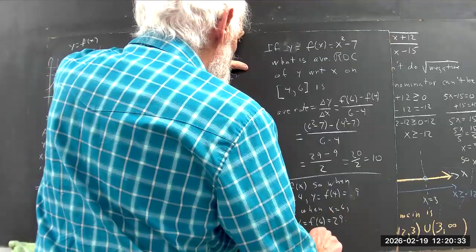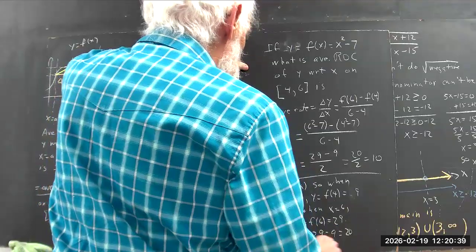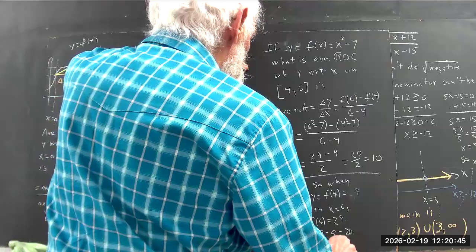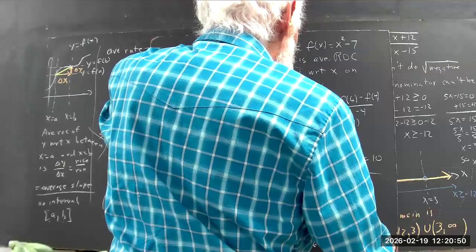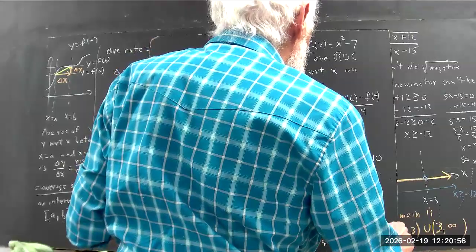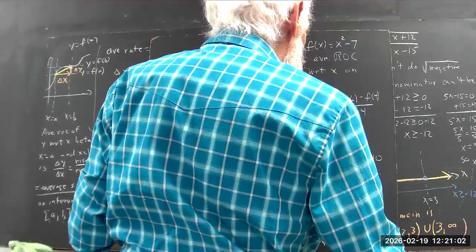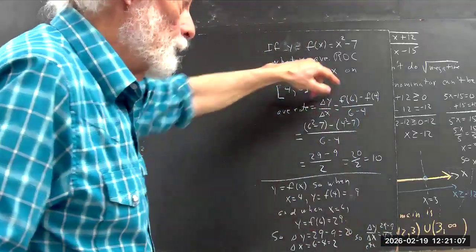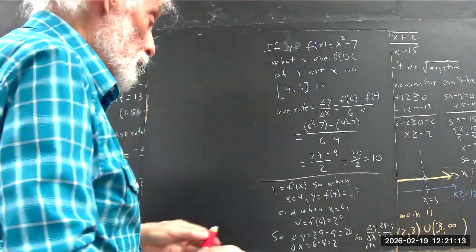So delta y, change in y, is 29 minus 9 equals 20. Delta x equals 6 minus 4, which is 2. So delta y over delta x equals 29 minus 9 over 6 minus 4. I'll just say et cetera, since we're out of time, but that's a little more explanation of where this comes from, okay? That's not difficult.